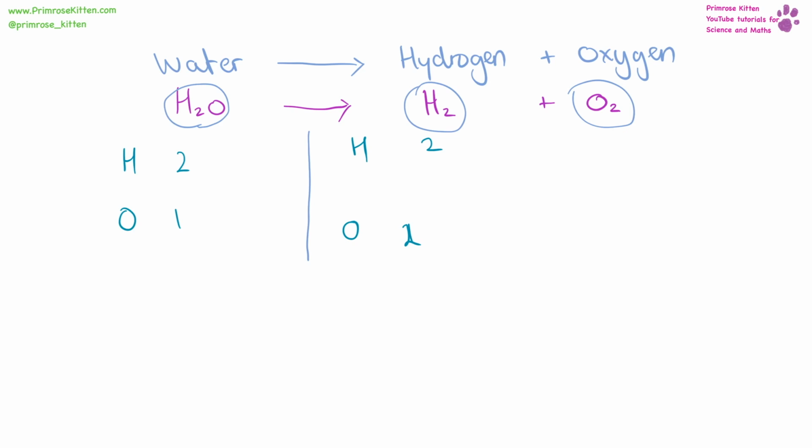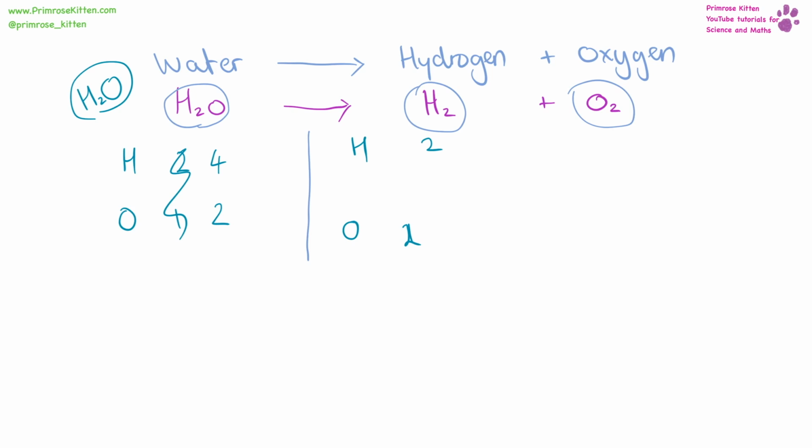So we need to increase the number of oxygens on this side because you see there aren't enough. Then we have to add another H2O, put that in a circle, redo our numbers. We now have 4 hydrogens and 2 oxygens.